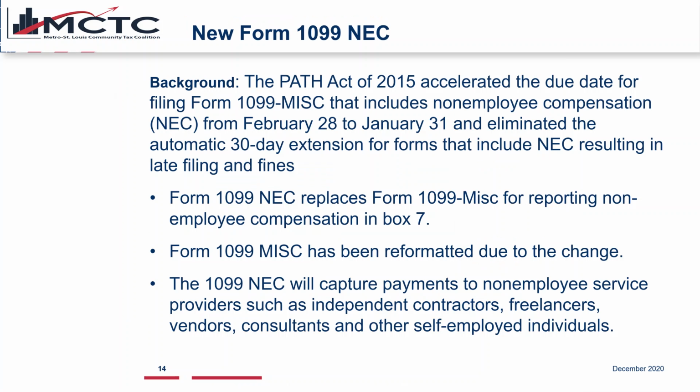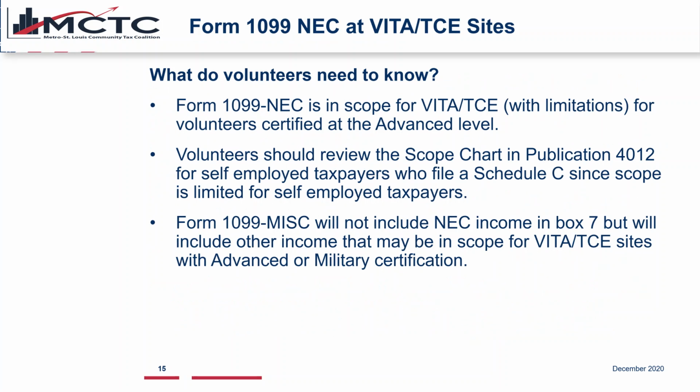The purpose of this is so that the 1099 NECs are supposed to be in the hands of the recipients by January 31, pretty much like a W-2. 1099 NECs are in scope as long as the volunteer has passed the advanced level.